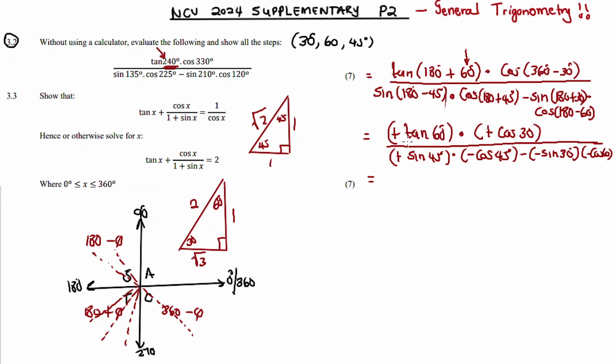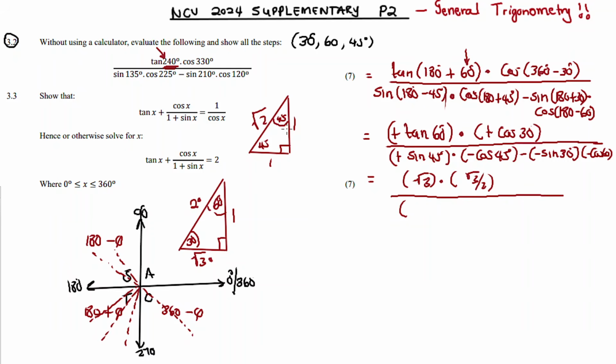Okay, so tan 60 degrees, tan, it's opposite over adjacent, so here it's going to be the square root of 3 multiplied by cos 30 degrees, now 30 degrees, so it's adjacent over the hypotenuse, so it's square root 3 over 2 over sine 45.